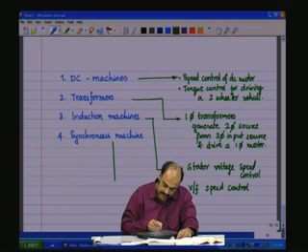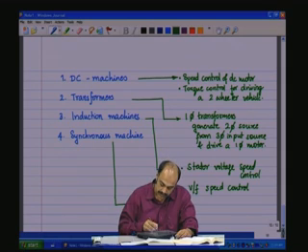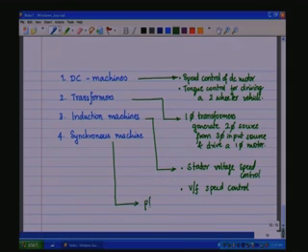And as far as the synchronous machine is concerned, a very nice and simple experiment that one could do is power factor improvement by excitation control of the synchronous motor such that it acts like a synchronous capacitor.